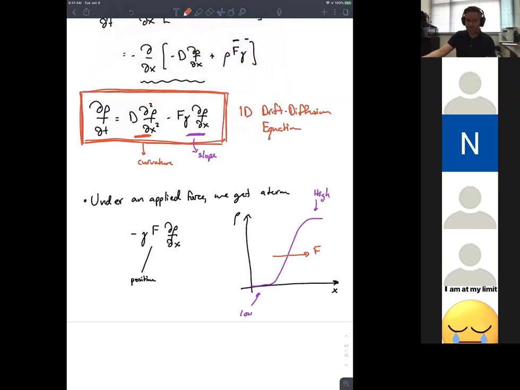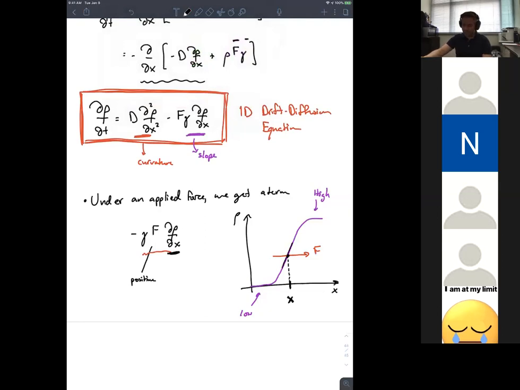This term is going to drive the change in the concentration profile coming from this force. If we look at some position, let's say this position right here, X, and we come up to this point, then to determine how the concentration profile changes at that point due to the applied external force, we look at the slope at that point.